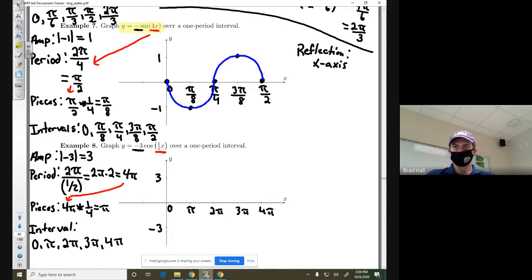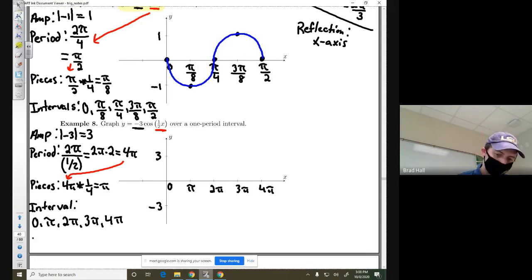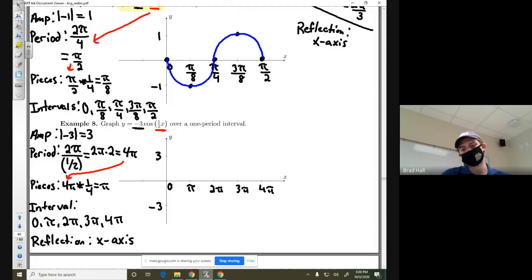And then there's a reflection. We generally don't worry about reflections over the y-axis in this class, so it's always just going to be the x-axis, if there is one.